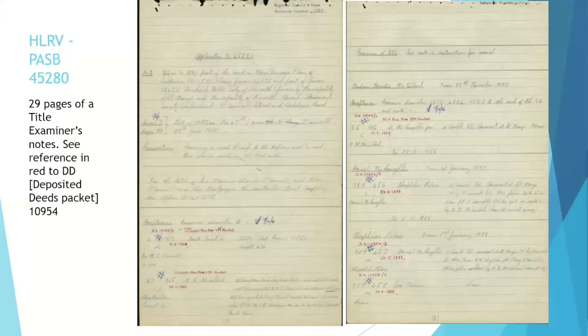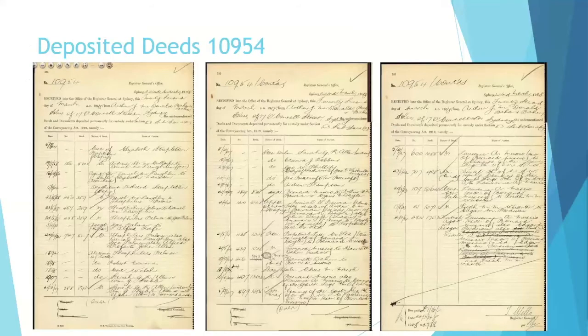I want to draw your attention to the red numbers that start with DD, because these are actually a reference to a deposited deeds packet. Whilst the packet itself is not on Historic Land Record Viewer, although you can purchase copies of these from the New South Wales Land Registry Services via the information brokers, you can actually go to what's been digitised as the deposited deed notes, and that also gives you a list of all the documents that were deposited and the dates and the number and books.